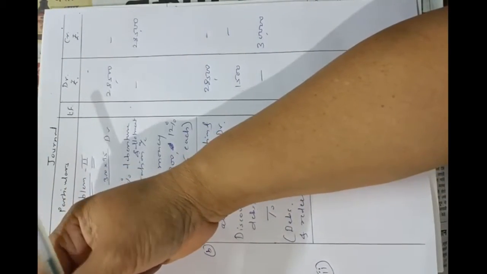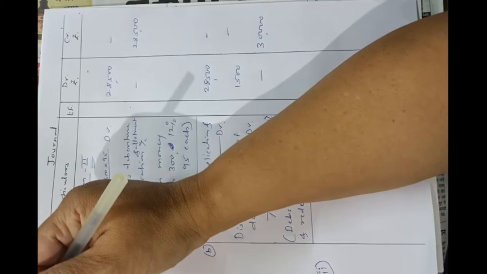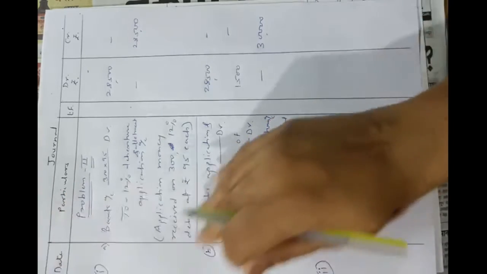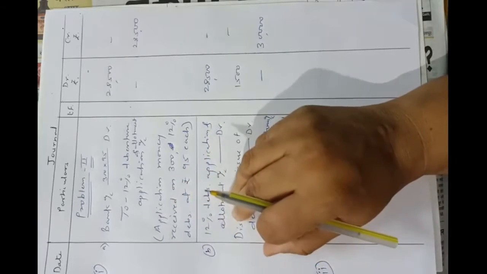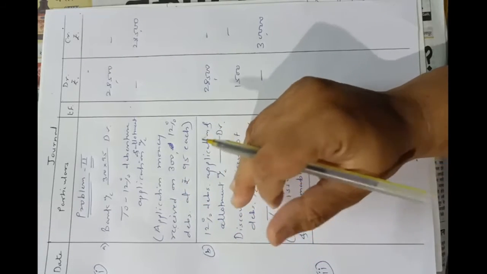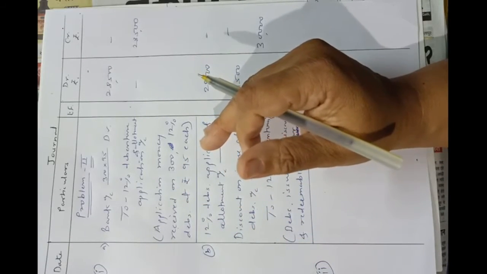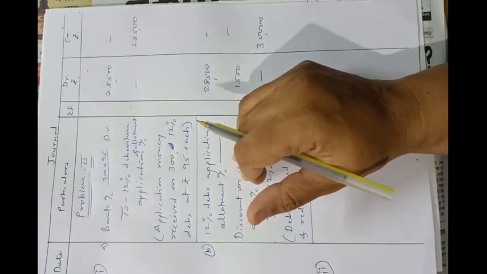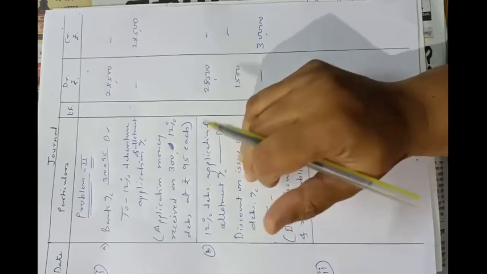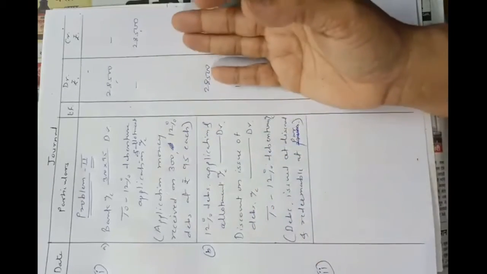See the second condition. ₹60,000 12% debentures, means as we have discussed before, 600 debentures of ₹100 each issued at a discount of 5%, means at ₹95, and redeemable at ₹105. So they are redeemable at premium. So this is the case when debentures are issued at discount and redeemable at premium.